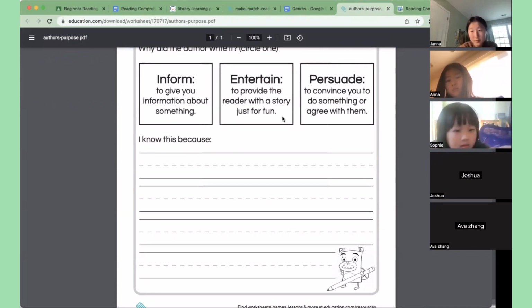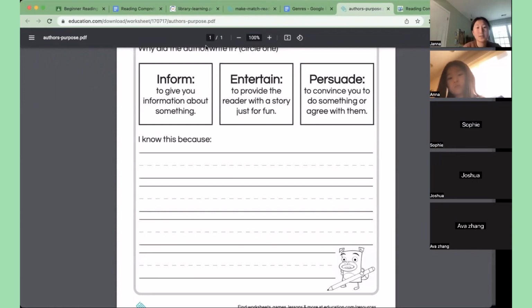Guys, if you're done reading, just let me know what you think, if the author's purpose was to inform, entertain, or persuade. Does anyone know what the author's purpose was?